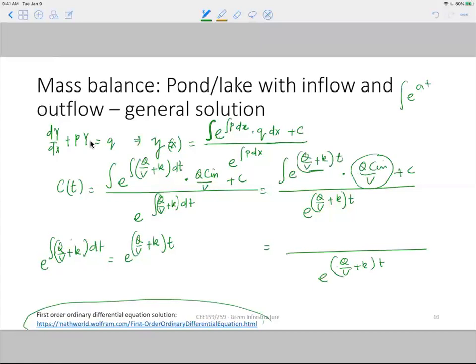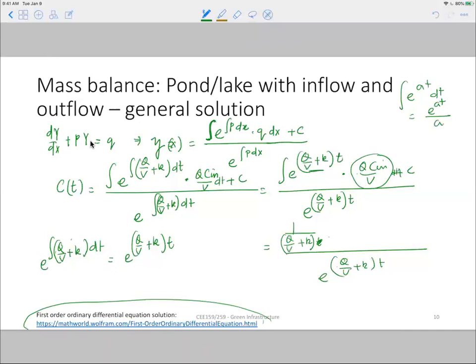If you take the integration, there is a term here, dt, so that will be 1 over A. The same way, if you write this one, it will be 1 over Q over V plus K. I'm sorry, there is no t here.